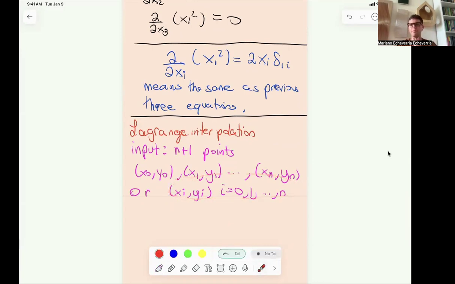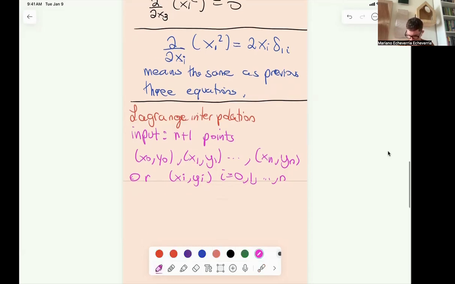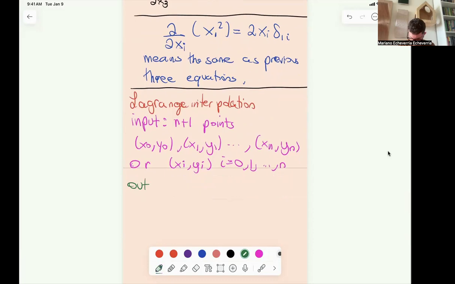Again, that's the more elegant way of writing the same thing. So the input is a number of points. The output that we want to produce is called the Lagrange polynomial. It's going to be a polynomial of degree at most n, because you could still have situations like the one I mentioned yesterday, where I gave you 3 points, but the 3 points happen to be on the same line.